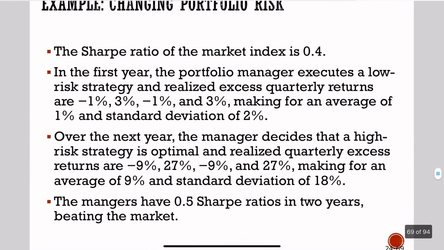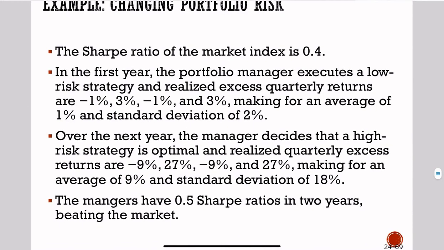Let's say the Sharpe ratio of the market is 0.4. Now we have a portfolio manager who will invest for 2 years. In the first year, the portfolio manager uses a low risk strategy. The returns every quarter are -1, 3, -1, and 3.